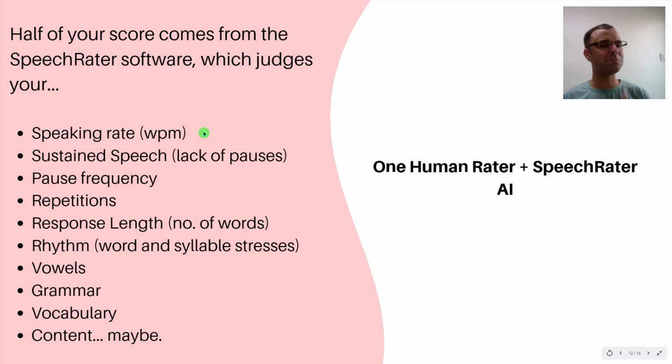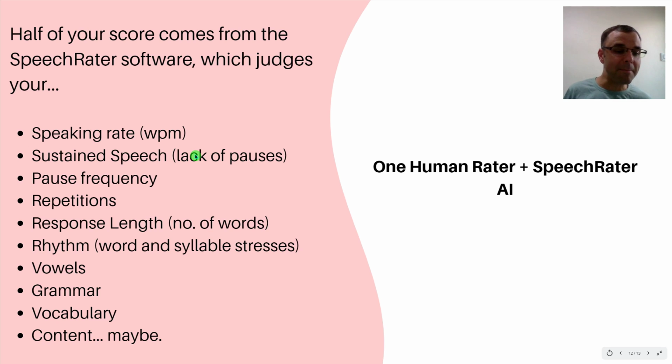First of all, your speaking rate, that is words per minute. If you have more words per minute or you're speaking faster, your score is going to go up. Your sustained speech, that means if you have long pauses in the middle of your answer, your score is going to go down.